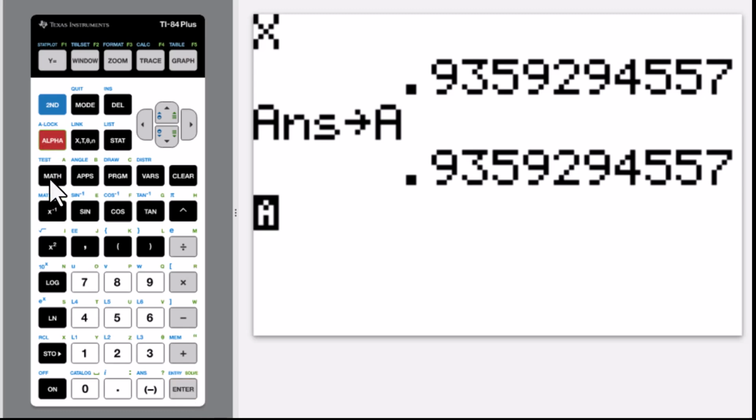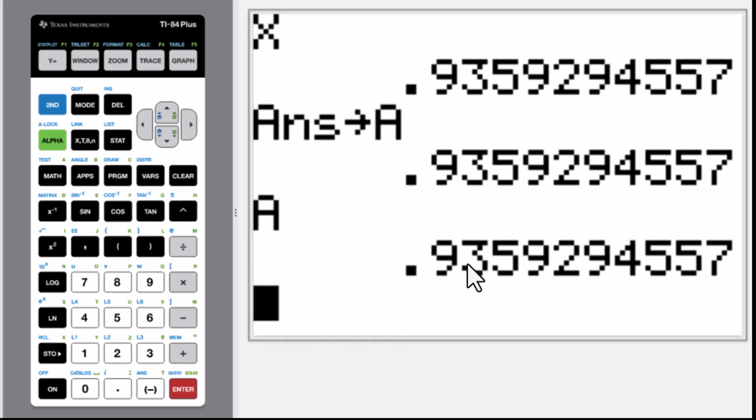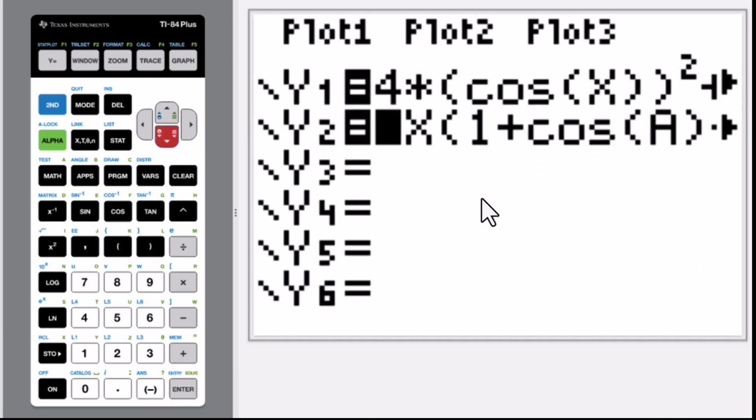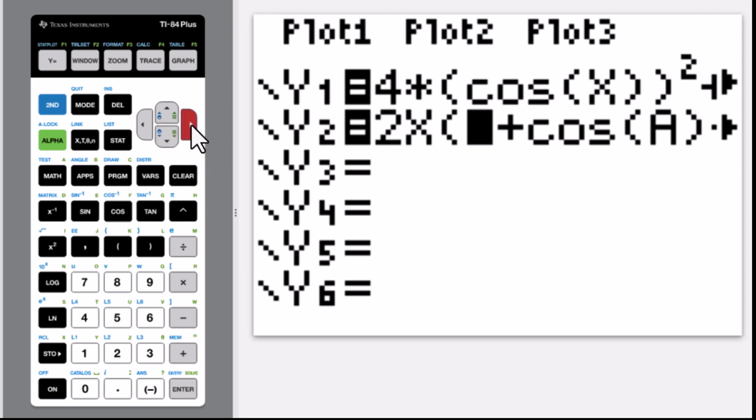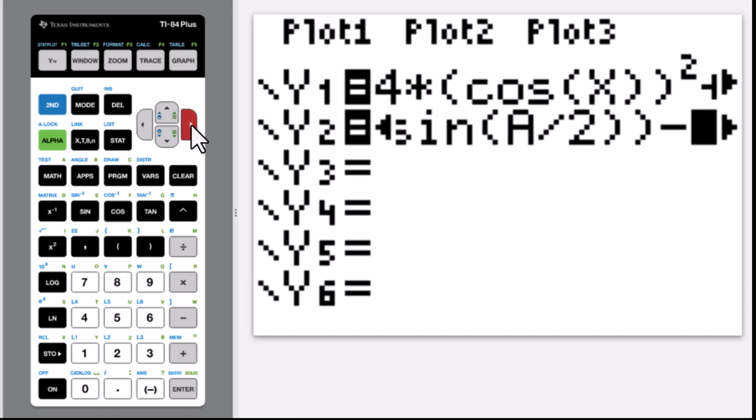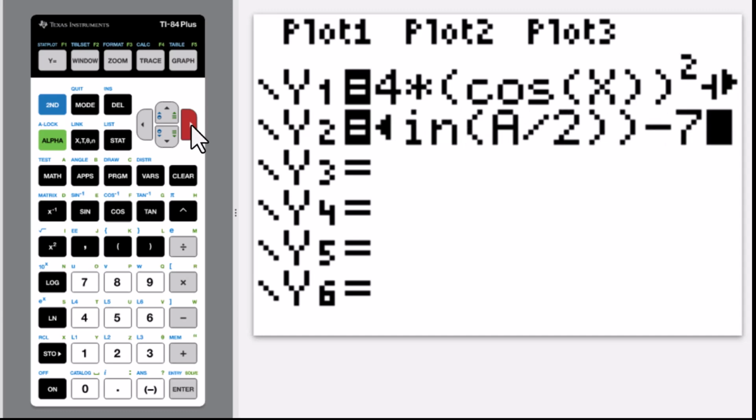If you put alpha math, then they give you this value. Then go to this y equals. For y2, you need to type in the equation. Remember, change this equation into equal to 0. 2x times 1 plus cosine A plus sine A over 2 minus 75.